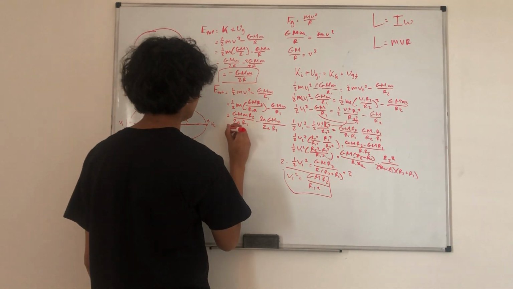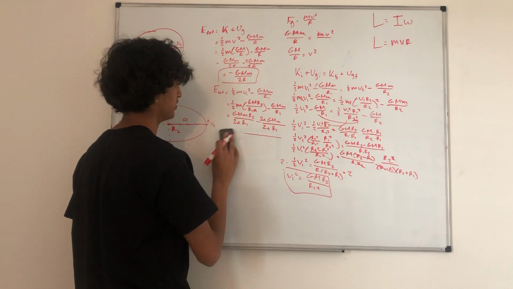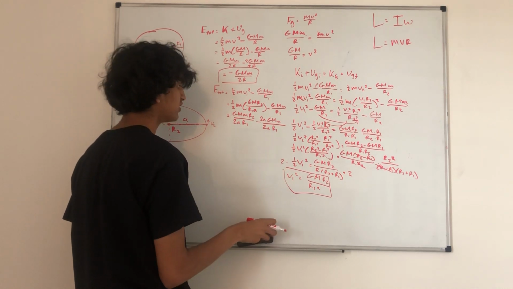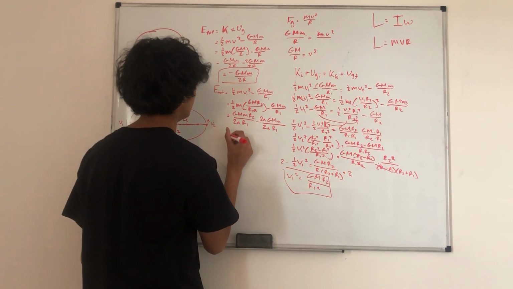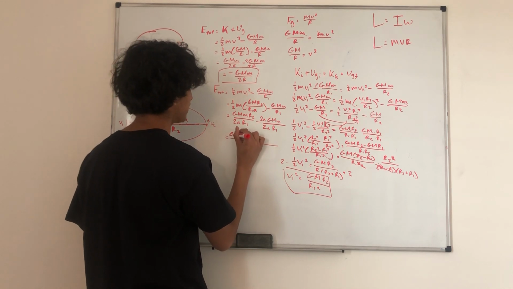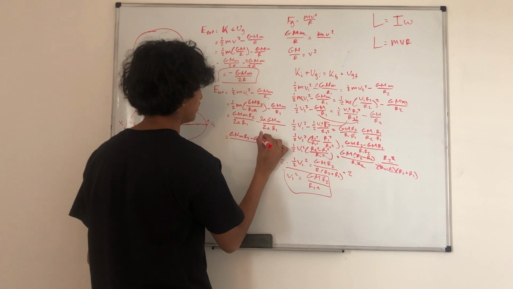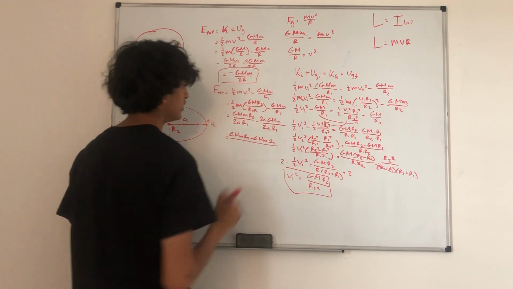So when it's all done and settled, as the kids say these days, we're going to be left with GM little m r2 minus GM little m over 2a.